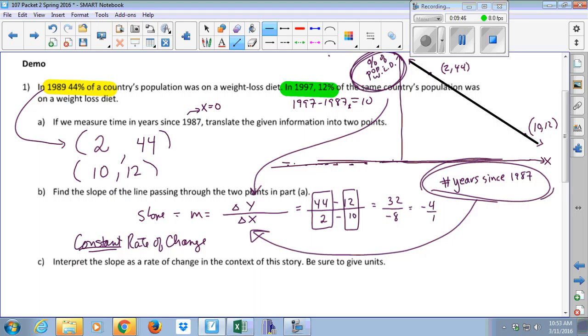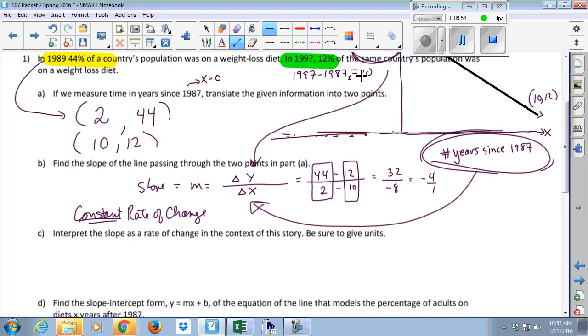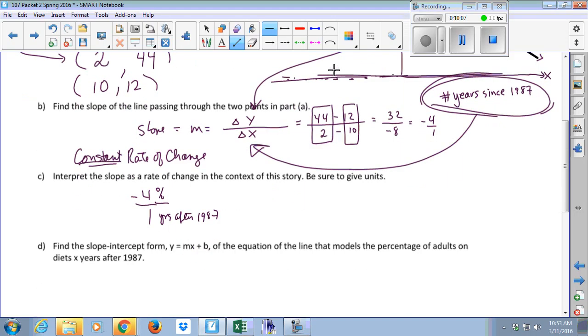I always like to see my slope as a rate of change between 2 numbers, because then I can easily interpret it. So when I see -4 divided by 1, I put in my units here. And now, when that darn math teacher asks you to interpret it, you got all the information right here. So you could say for every year after 1987, or you could start with the top.